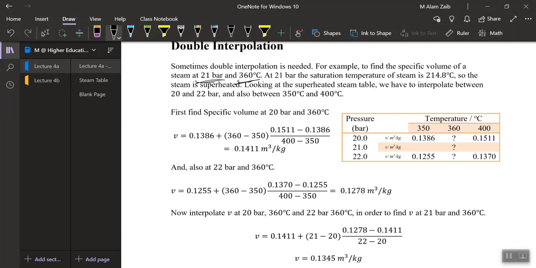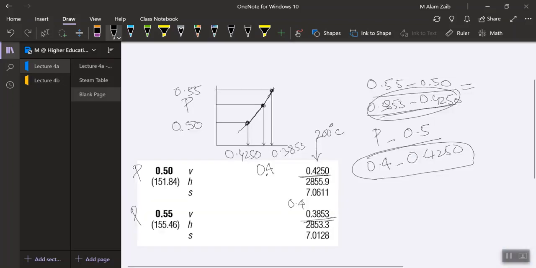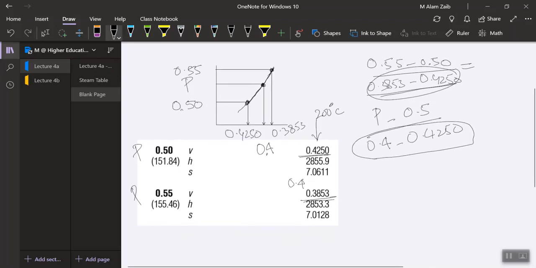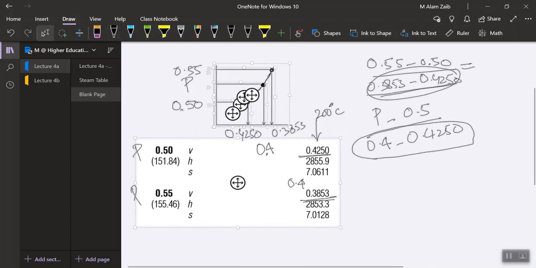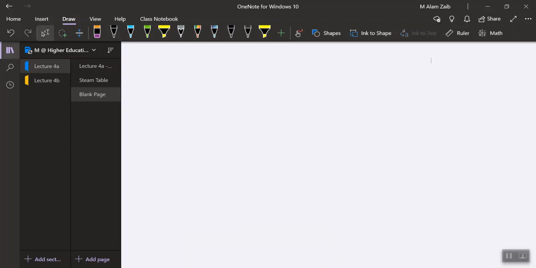So let's check it. We need to find a volume at a pressure which is 21 bar, and a temperature which is 360 degrees centigrade. Make sure you first convert bar into megapascal.